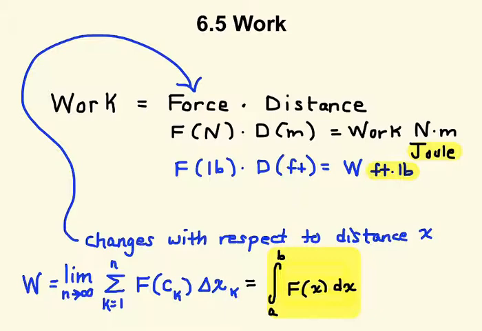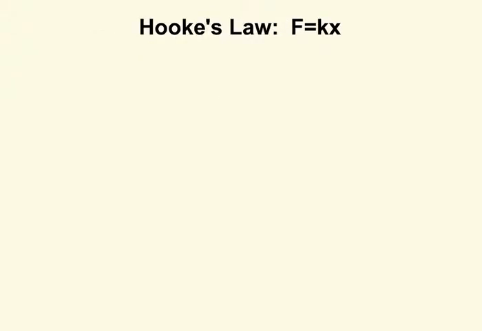Or pulled the object, and a good example of it is a spring. So what we're going to do is look at Hooke's law. Hooke's law says that the force required to hold a stretched or compressed spring x units from its natural unstretched length is proportional to x.